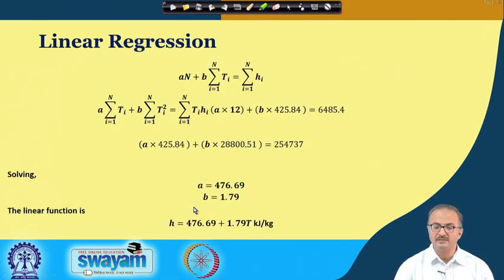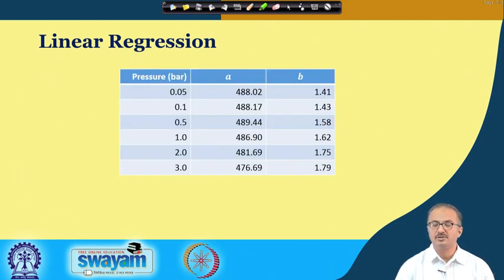So, we find that as we take more and more pressures, there is some kind of variation in the values of A and B. Here we have listed all the values of A and B with respect to various pressures, from 0.05 bar, 0.1 bar, up to 3 bar. You can see that the A values change a bit, increasing initially and then decreasing.